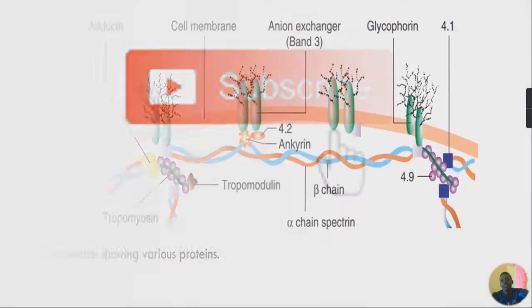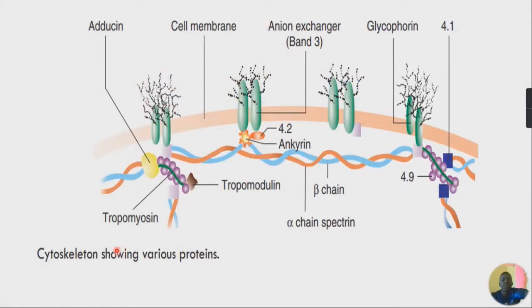So let's continue. If you look at this cytoskeleton, it shows various proteins. If we have the cytoplasm, then the cytoplasm will have a liquid part, which is the cytosol, and it also has a part which is not so liquid, which lies just beneath the cell membrane.